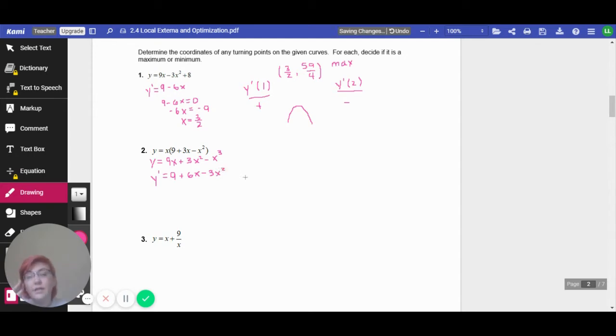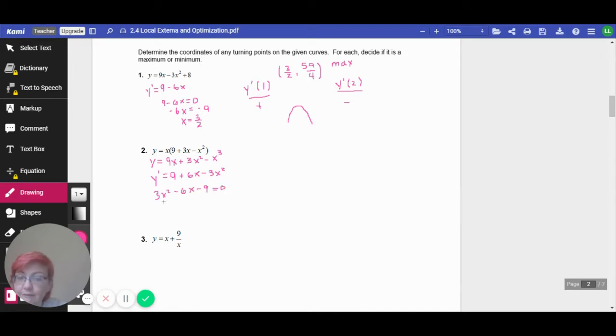All right. Now I'm going to set that equal to 0, and I'm going to move everything over to this side and have 0 over here. So everything is going to change sign. 3x squared minus 6x minus 9 equals 0.